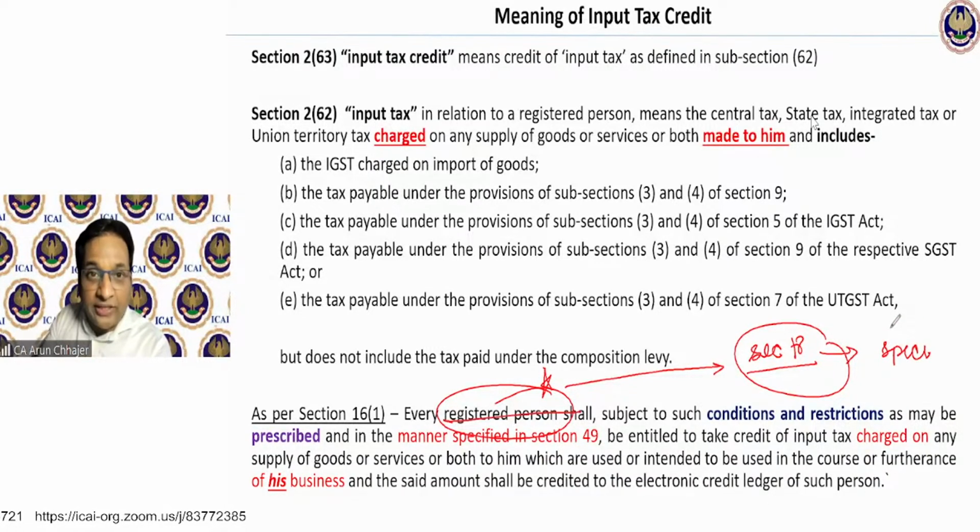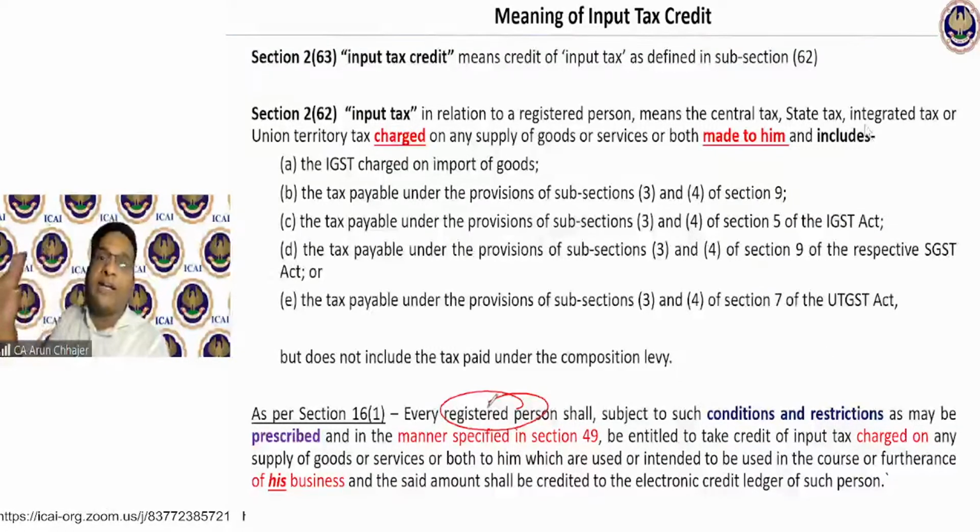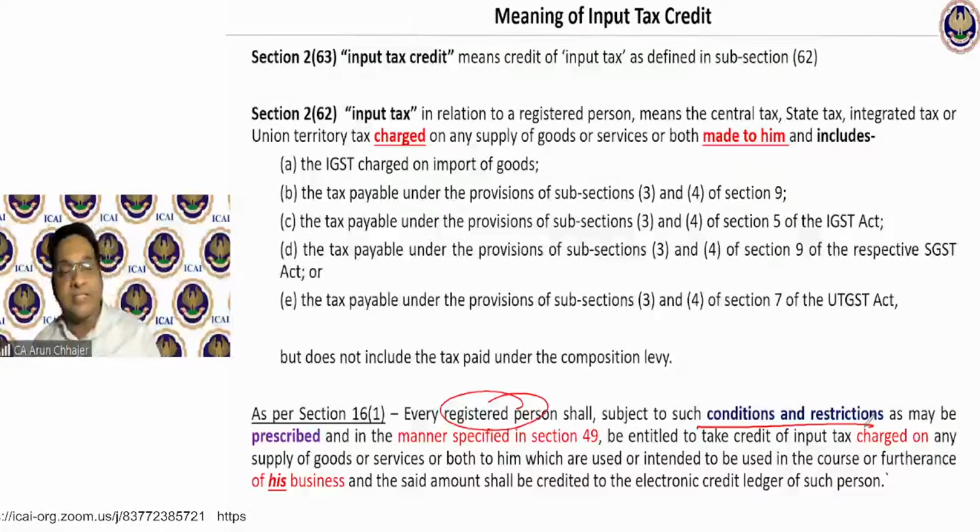I am not discussing that right now, but we will. Only the point I would like to make is the comparison: every registered person. Can you take the ITC if you are unregistered? The answer would be a limited yes, provided it is covered in section 18 subsection 1, special circumstances. Subject to certain conditions and restrictions, we will discuss that you can take the ITC only when certain conditions are satisfied and certain restrictions are there.